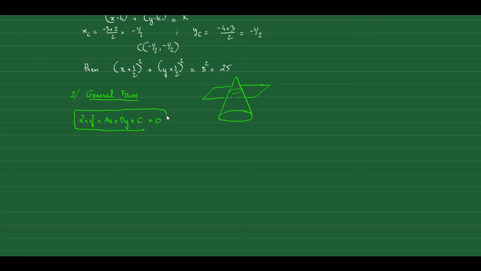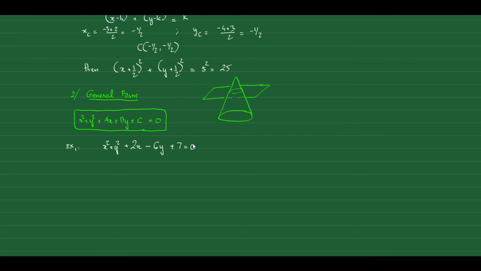And I can give you an example of what it looks like. Example number 1. I have something like this: x squared plus y squared plus 2x minus 6y plus 7 equals 0.